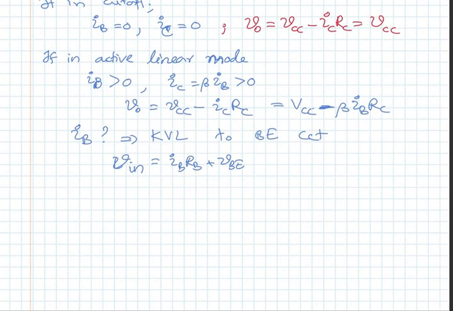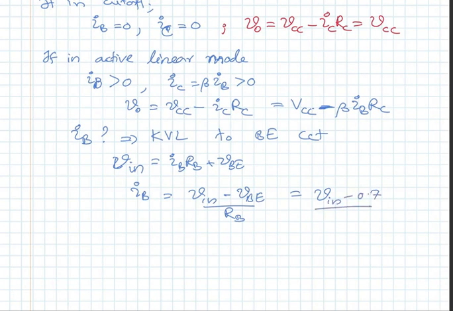Okay, so what is IB? V in minus VBE over RB, which is equal to V in minus 0.7 divided by RB, and anytime this V in is less than 0.7, this quantity will be negative.